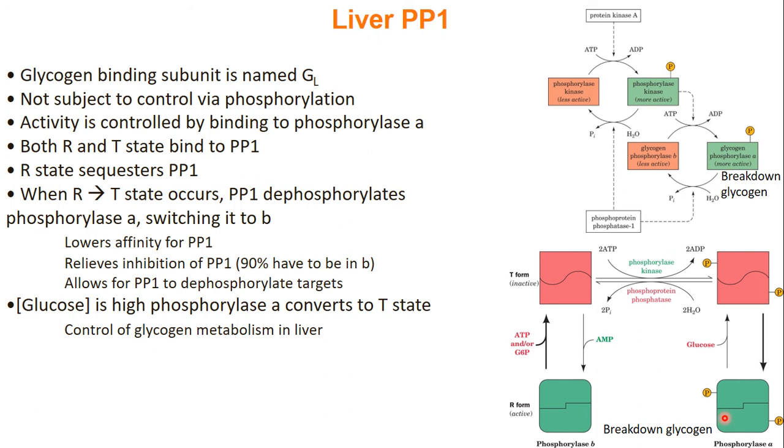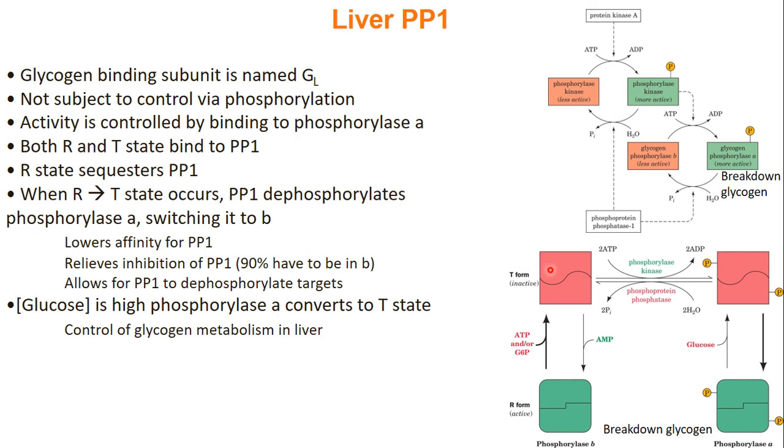When you get an R to T transition, which happens when you have a lot of glucose, you have a lot of glucose, so stop breaking down glycogen. Phosphorylase A goes into the T form. And something very cool happens when that occurs. PP1 is the enzyme that is bound here and will chop off your phosphates. So your phosphates are now chopped off. Now you're in phosphorylase B and you are in the inactive form.